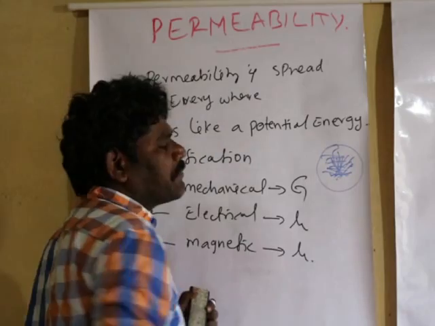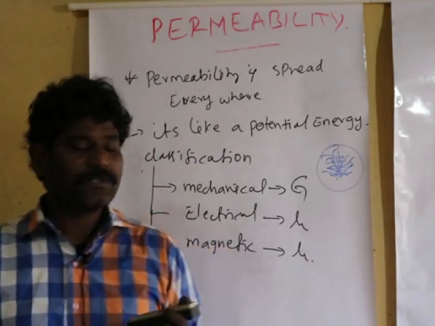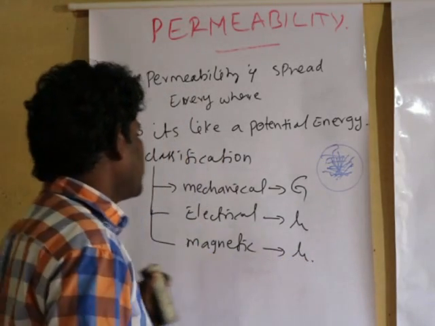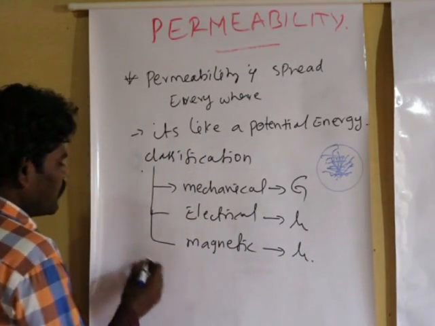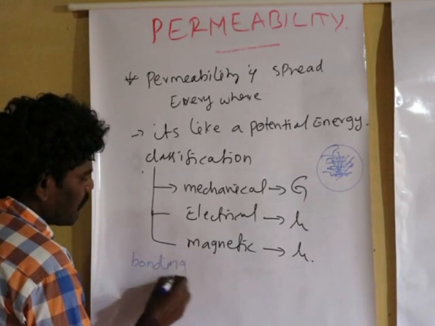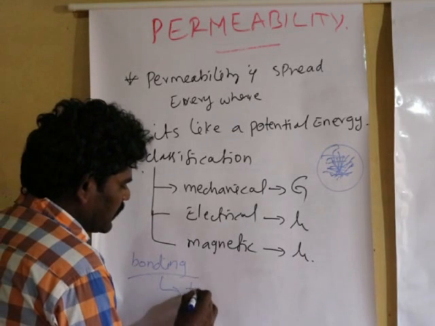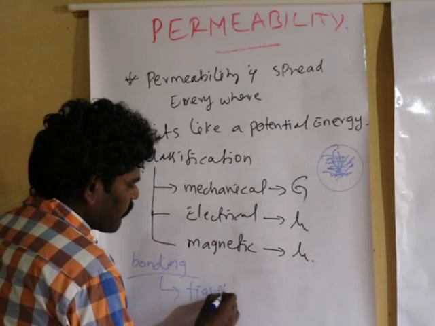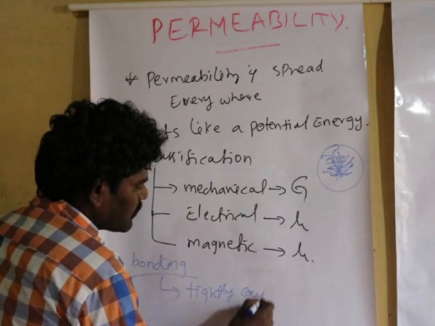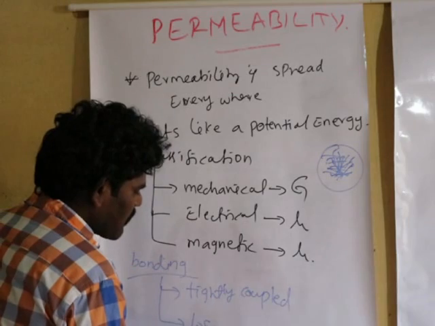It's like a meshing of these objects, which we call bonding, and they will be classified based on the bonding. We can make a bonding classification. When we classify the bond, one is what we call tightly coupled, and the other is loosely coupled.